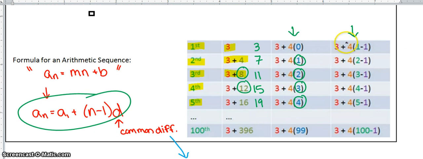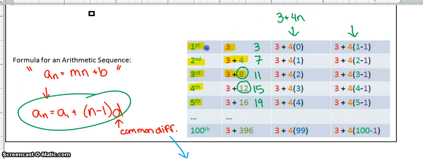Okay, now the last column is kind of formalizing how this idea connects to this formula. So bear with me. In order to add no 4s, I needed a 0. But we define n as the position of the term. So if I plugged in 3 plus 4n, that wouldn't work because n was 1, so I'd actually be adding 1 4. So to add 0 4s, n would need to be 0.